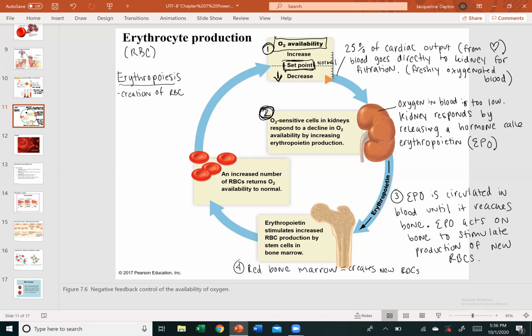And the total number of red blood cells in the body increases, okay? So here, new red blood cells are released from the bone marrow, specifically the red bone marrow, and enter into general circulation.